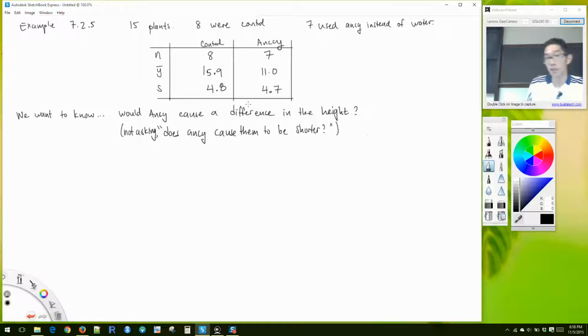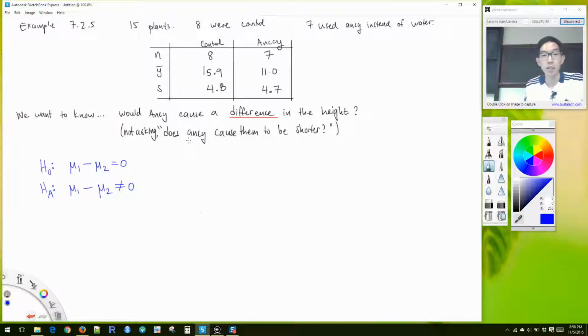In this case, our null hypothesis would be that they're equal. This is pretty much always going to be your null hypothesis. And then the alternative, because we're asking does it cause a difference, we're going to use the not equal sign.